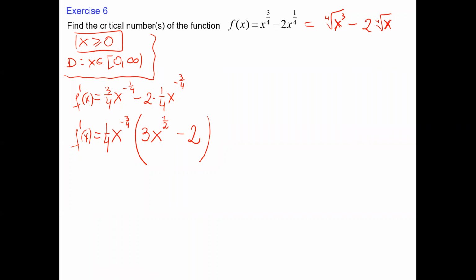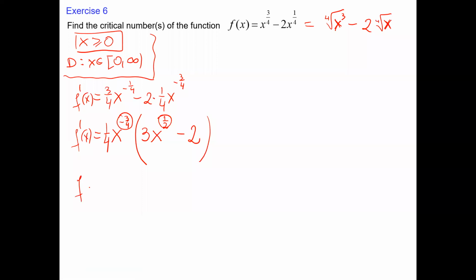Because -3/4 plus 1/2, because we will be adding. If we are multiplying, we're adding the exponents, because x and x are the same base. -3/4 plus 1/2, which is 2/4, will give us -1/4. Okay, a little bit different, because usually it's the nice number 1, but 1/2 we can also take.